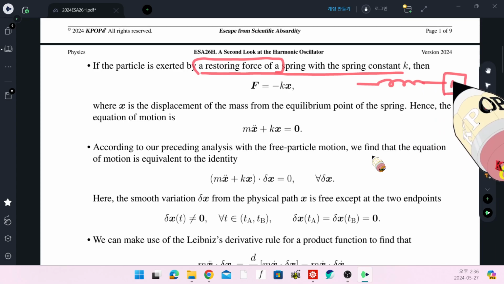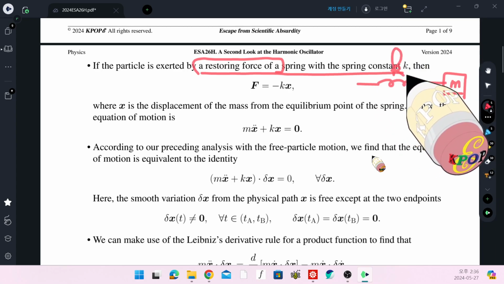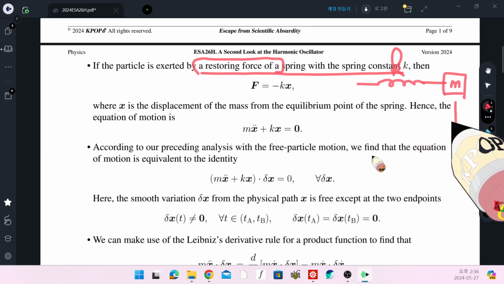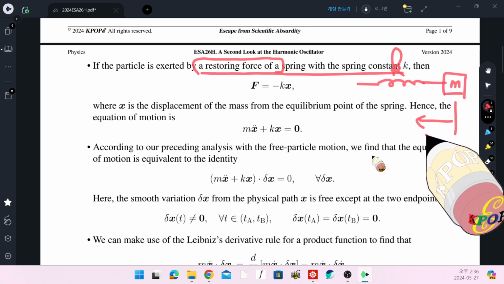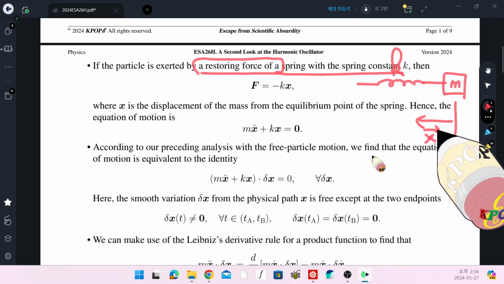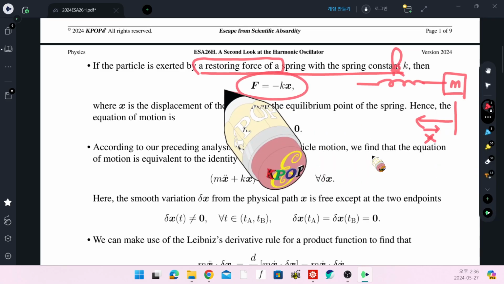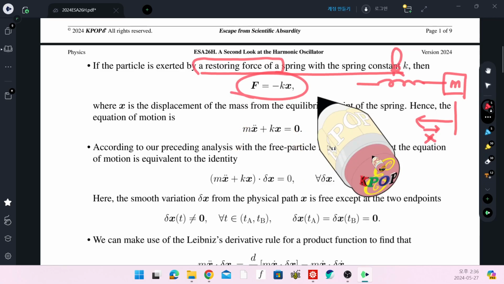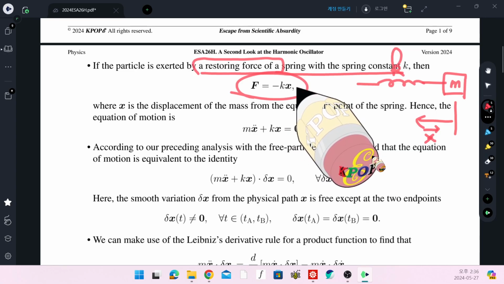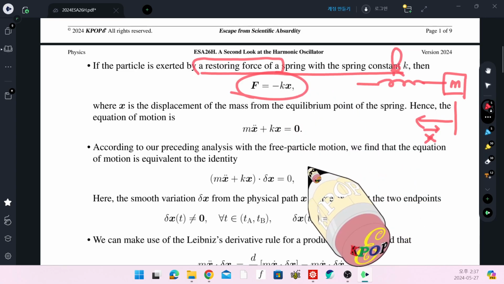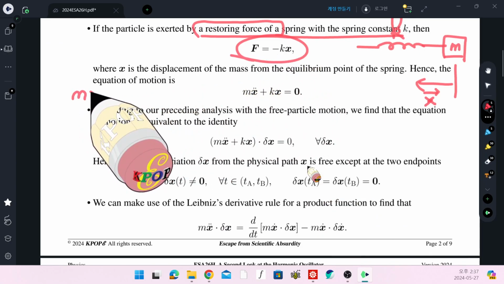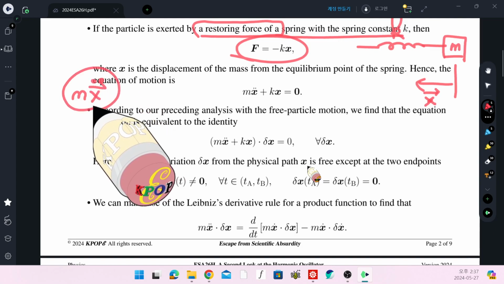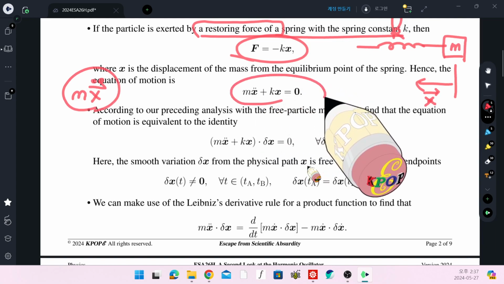Mass m is attached to a spring whose spring constant is k, and displacement from the equilibrium position is denoted by the vector x. Then the force applied to the mass is minus k times displacement x. By substituting mass times acceleration for the net force, we arrive at the equation of motion.